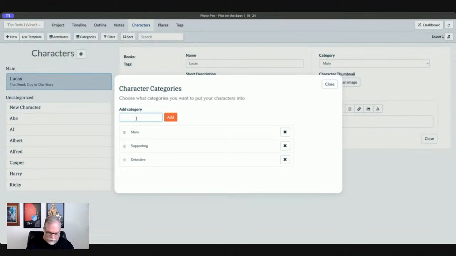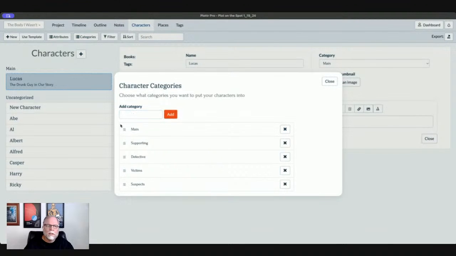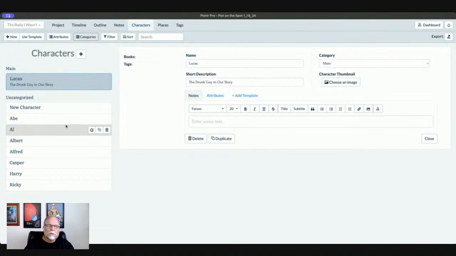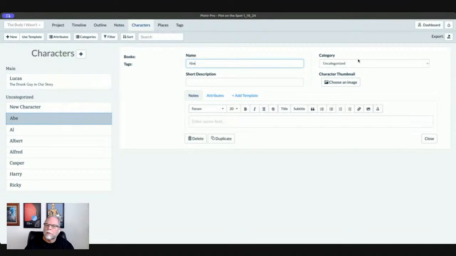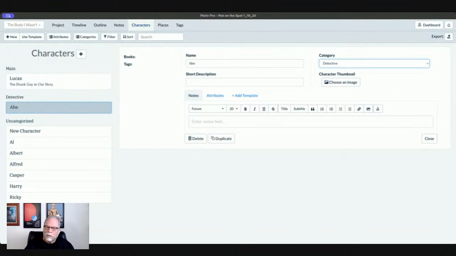And then maybe we're going to add some victims. Okay. And some suspects. And we've got some people that we can add as suspects. So let's just do this for the sake of time. We'll kind of go in alphabetical order, and we're going to add Abe as our detective because he's the next guy that we need, right, in our story.